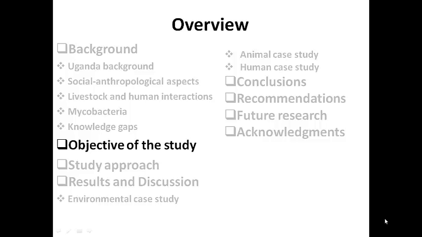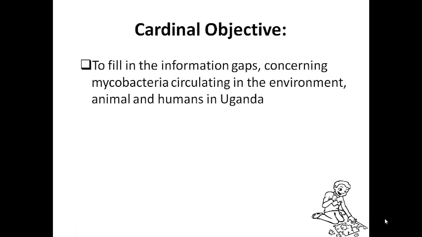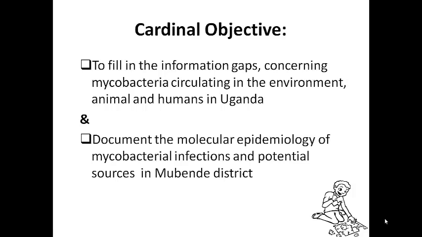So the cardinal objective of this study was to fill in on this information of mycobacteria that is circulating in the environment, in animals and humans, but also document the molecular characteristics of these infections and try to identify potential sources and risk factors in Mubende district.